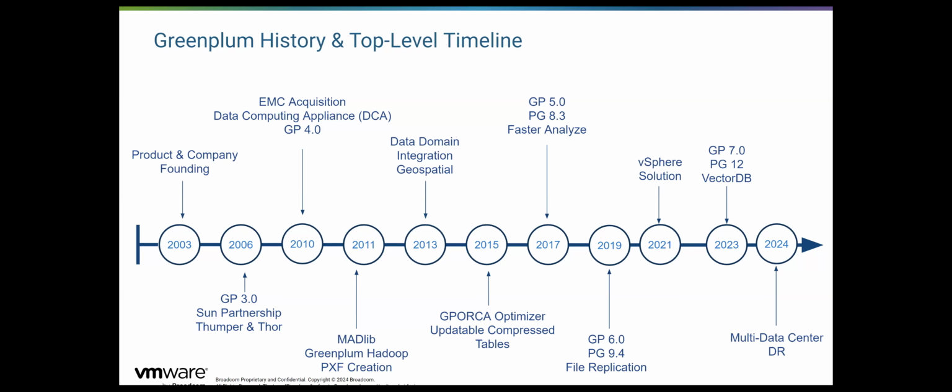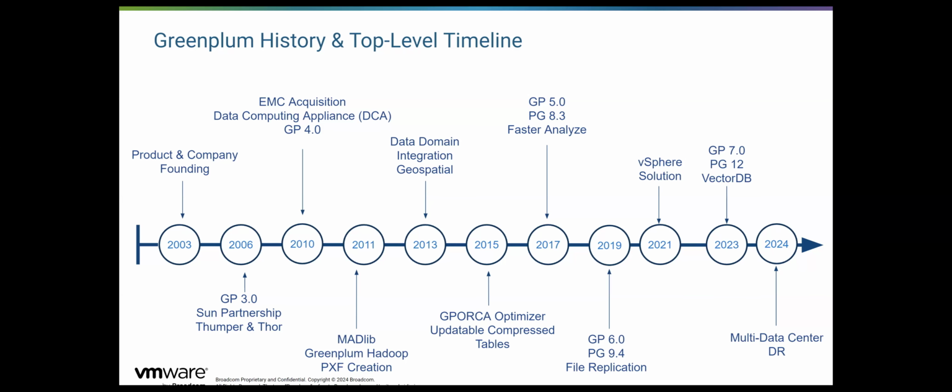We integrated geospatial processing back in 2013, and introduced our parallel query optimizer, GP Orca, back in 2015. We've been doing the Postgres integration, so we're now all the way up to Postgres version 12. And we also did a huge vSphere and VCF integration starting in 2021 when we were acquired into VMware.